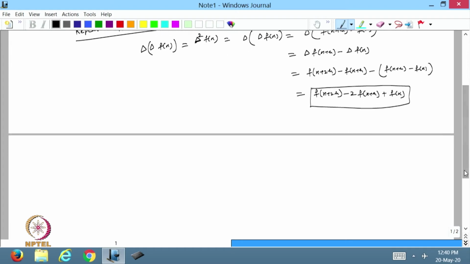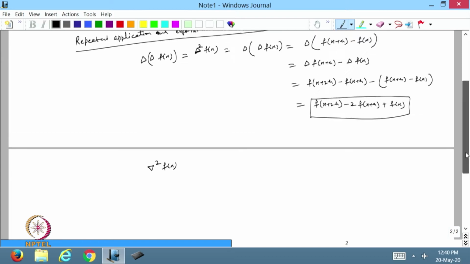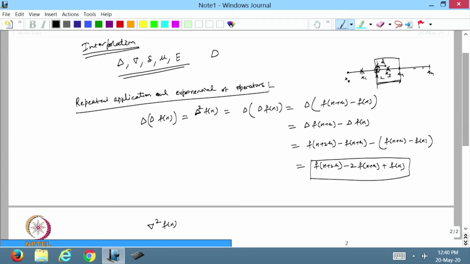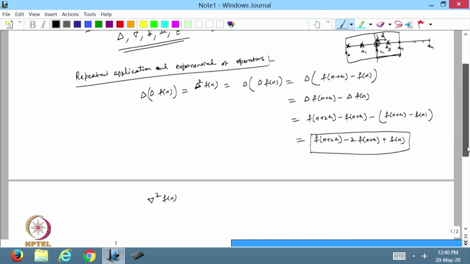Similarly, I can apply the backward operator 2 times. In that case I need 2 values of the function before the value f x. I need to go backward to this place and this place to find the values of the function using the 2 times backward operator.